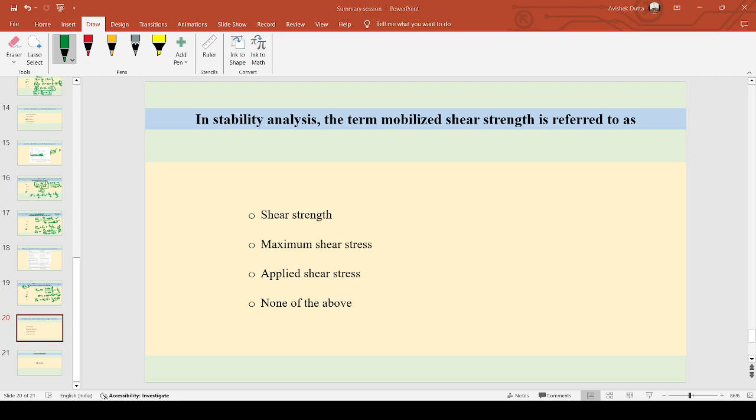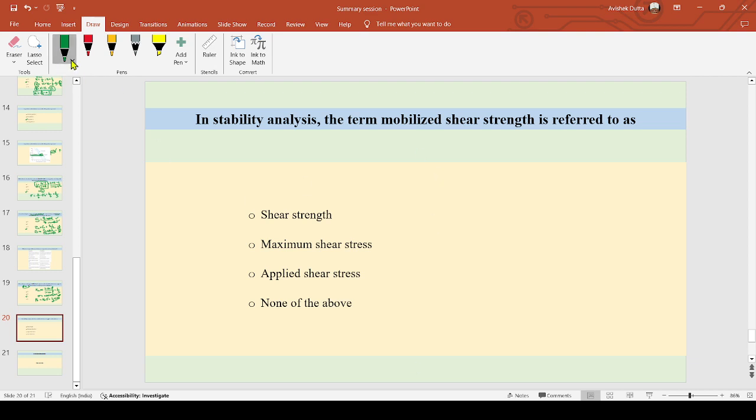Now, mobilized shear strength means that part of the shear strength of the soil mass that has been utilized, that has been used up, when it is resisting the external shear force or the shear stress.